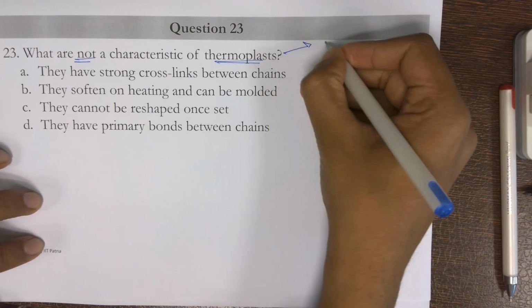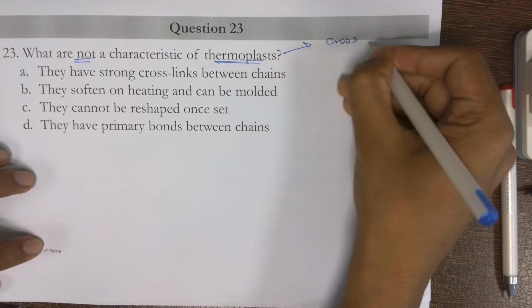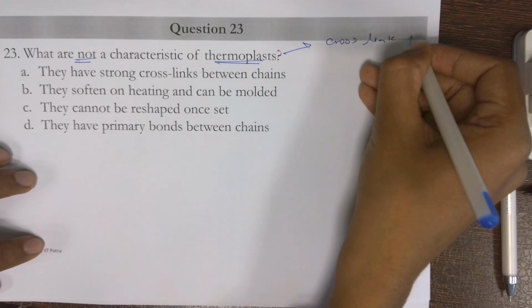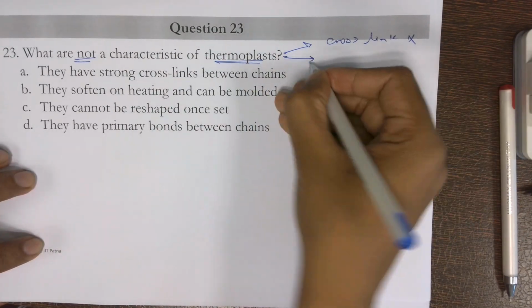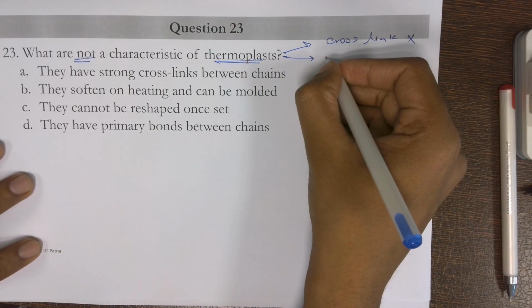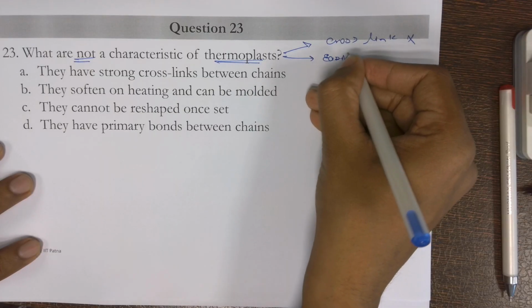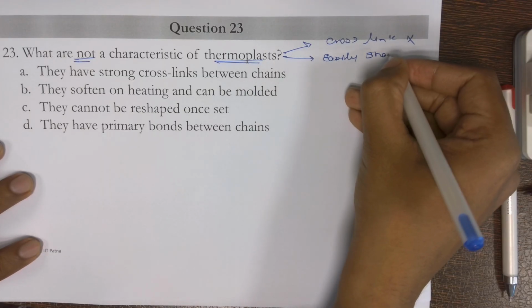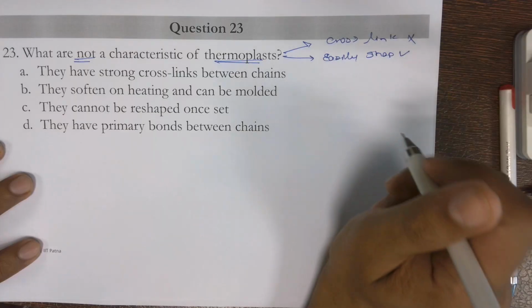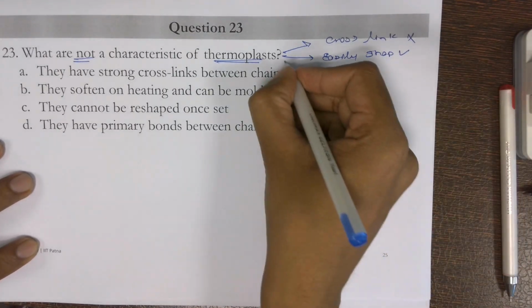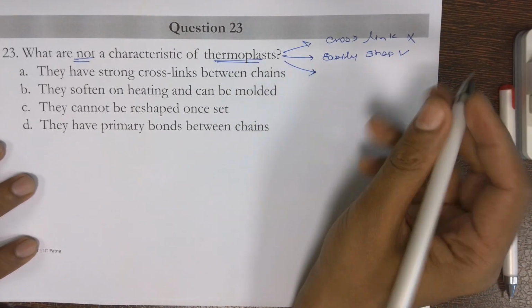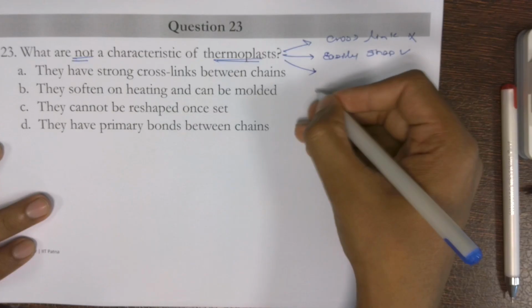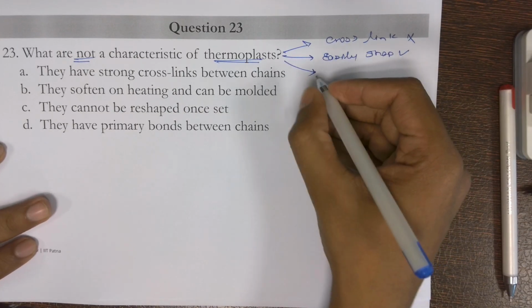It doesn't have cross links. It can easily be softened. And within the two chains we don't have a primary bond.